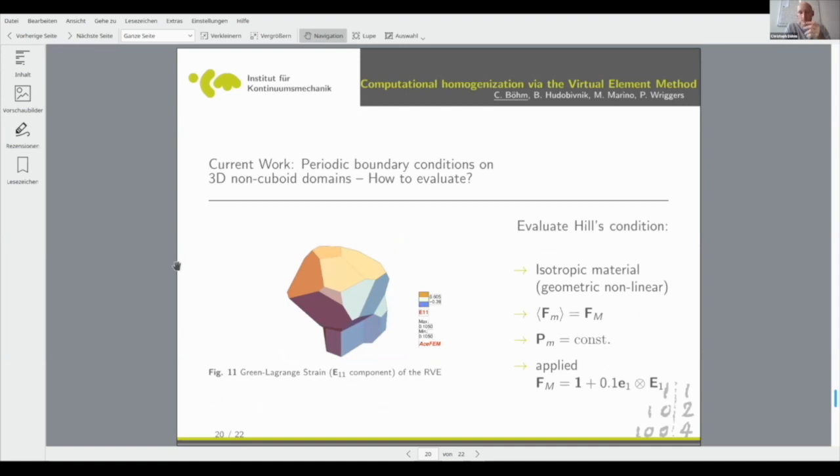And also a constant first Piola-Kirchhoff stress. This is this PM. And what you see here is the E11 component of the Green-Lagrange strain for an applied macroscopic deformation gradient, which has F11 equal to 1.1, and the rest is unchanged. And it's exactly what you would attain for the Hill condition.